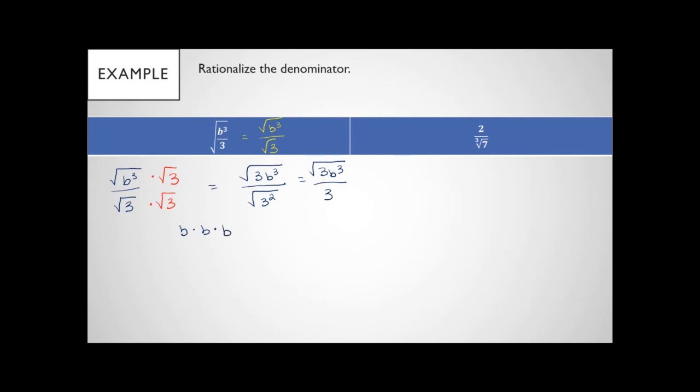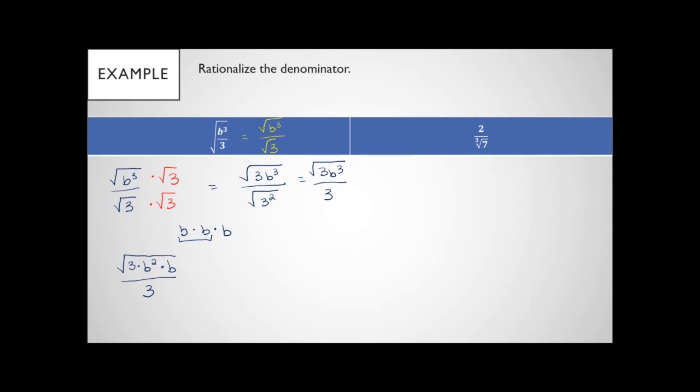Because we have a square root, we want them to be grouped in powers of 2. So I'm going to be grouping that as b squared times b so that I can cancel things out. So I'm going to have 3 times b squared times b over 3.